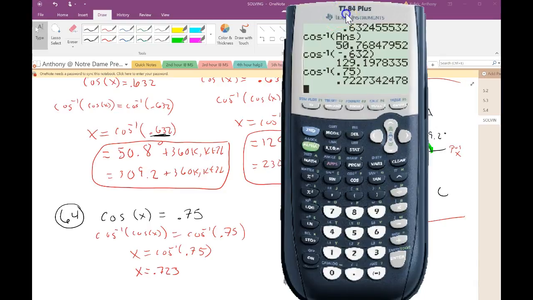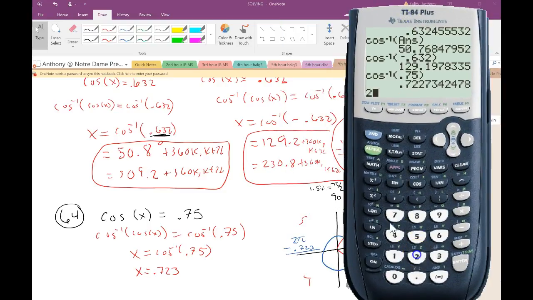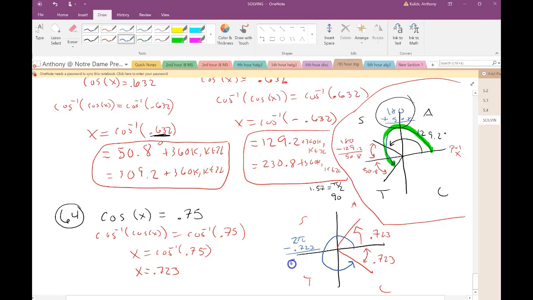I can't do that in my head, so I'm just going to fire up my calculator and ask it to do it for me. So I got 5.560. And then I just slap on the plus 2 pi k's.